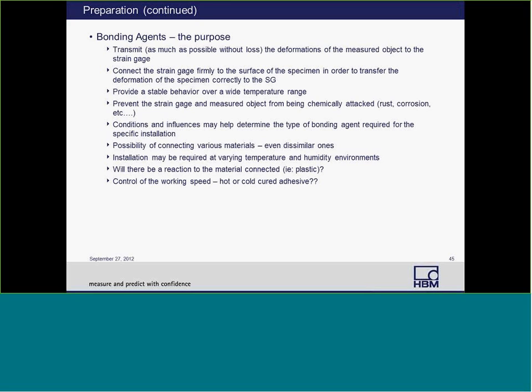And then we've got to see whether or not we have control of the working speed. So can we use hot adhesive where the gauge is baked into place, such as a load cell or other sensors where we use strain gauges? Or can we use a cold cured adhesive such as our Z70 or other quick dry cements?